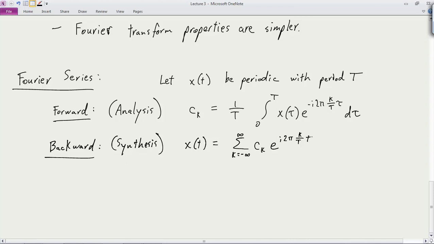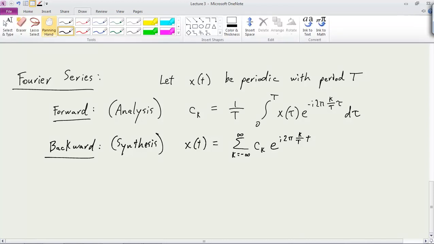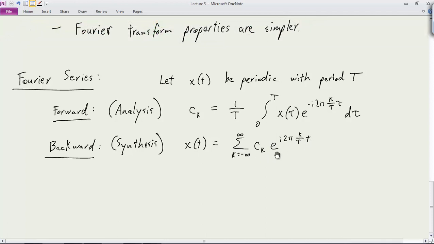Okay, so this is basically the claim we were already making. We were saying that any periodic signal x of t can be represented somehow by a sum of sinusoids. Now, instead of sinusoids, we're saying these complex exponential functions. We know from Euler's identity they're somehow related to sinusoids.